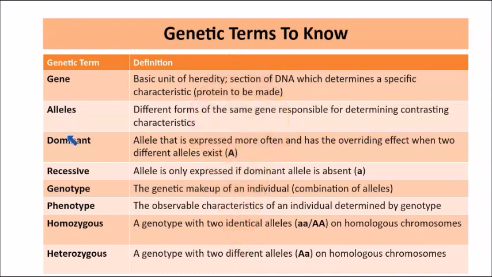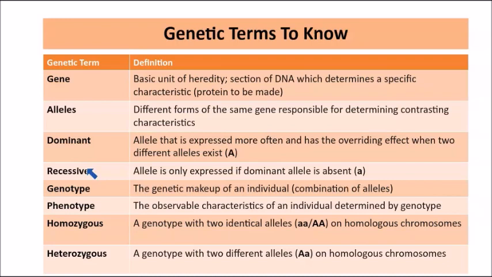Now, in terms of describing the different types of alleles, that brings us to the next two terms, the dominant allele and the recessive allele. So what do these mean? The dominant allele is the one that is expressed more often and usually has the overriding effect when two different alleles exist. So a dominant allele is represented by a capital letter. The recessive allele, on the other hand, is only expressed if the dominant allele is absent.